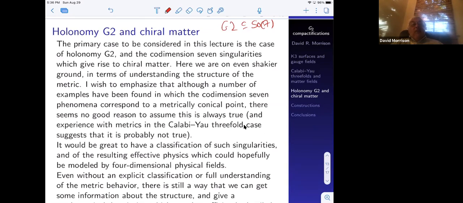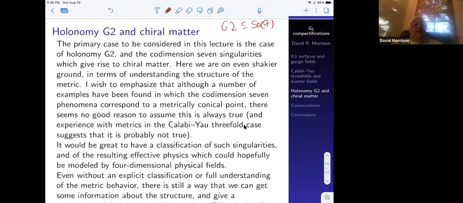That 1-parameter family would be a bunch of circles. Having the singularity on a circle essentially means, when I do the reduction on the circle, that I get both chiralities of singularities showing up in the ultimate compactification to 4D. So I can't get chiral matter from codimension 6. I need to go to codimension 7. And I really don't understand the metric in this case.